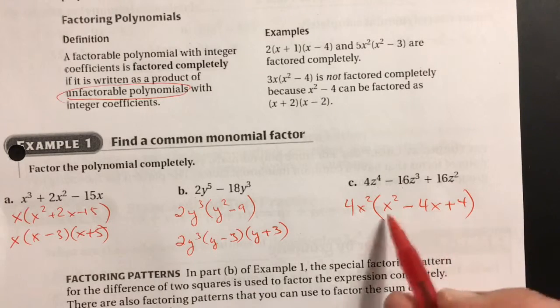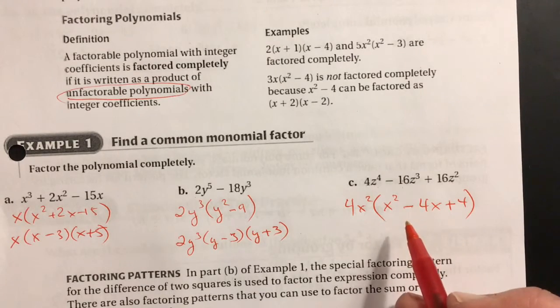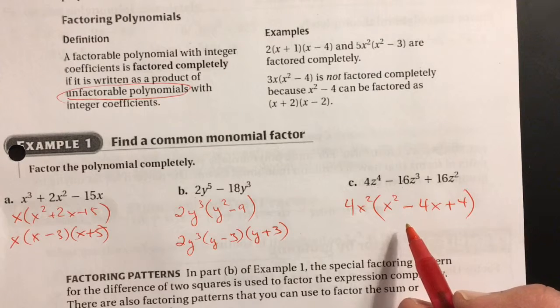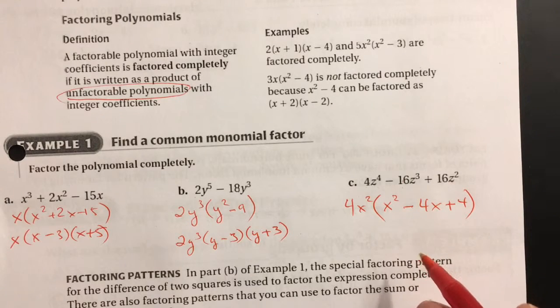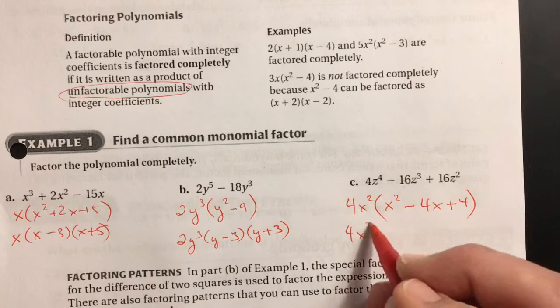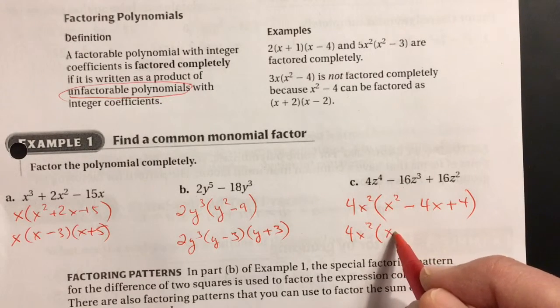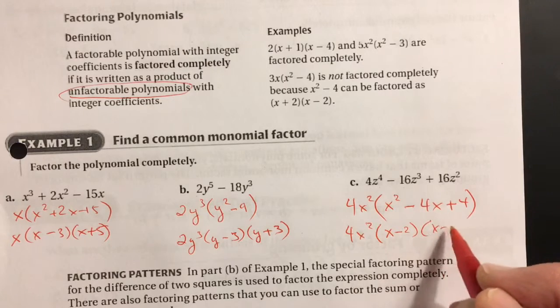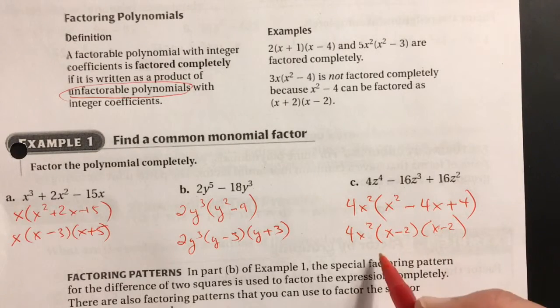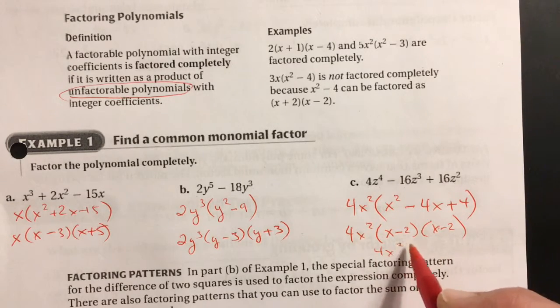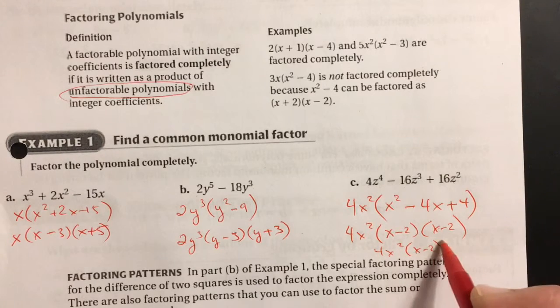Now, let's see this trinomial. This will fit the pattern of a perfect square trinomial, so it's 4x squared yet, whatever you remove as a GCF. This is going to be x minus 2, x minus 2. Again, you want to combine that into 1, so it's 4x squared, x minus 2, that binomial squared.